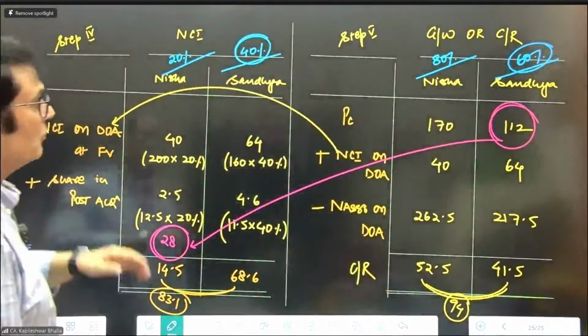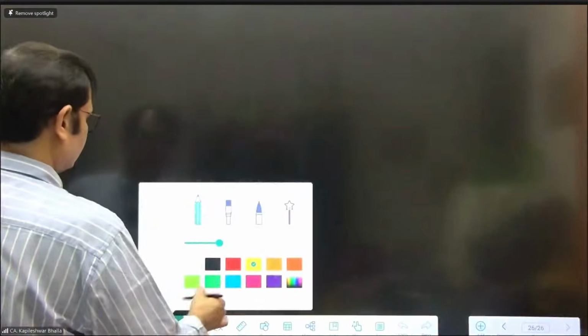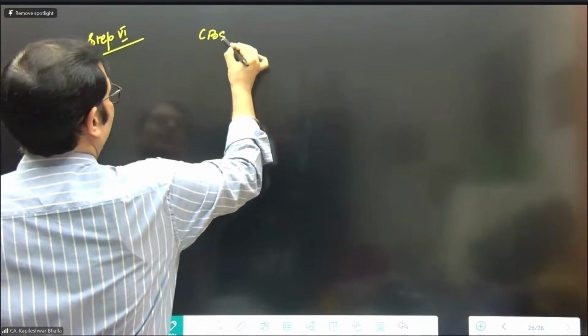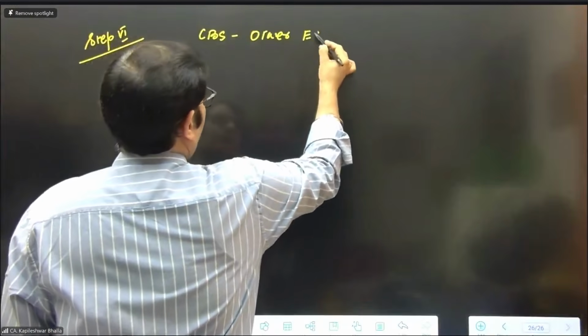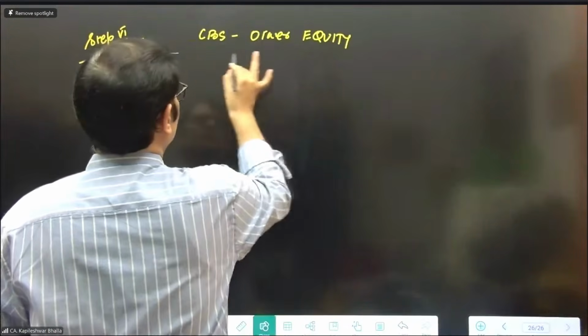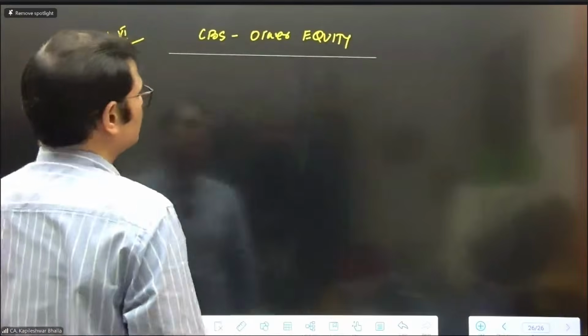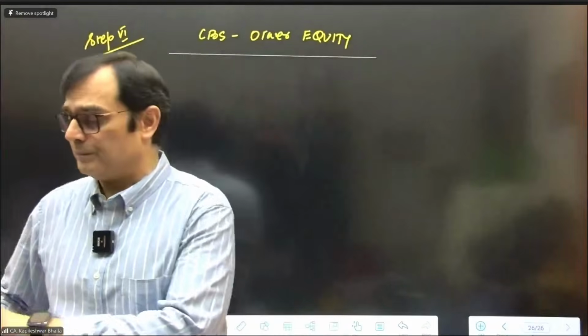Okay, now let's go on to step number 6. And that is making the consolidated balance sheet, that is other equity. Consolidated balance sheet, other equity, which is nothing but making a statement of changes in equity. It's like a consolidated SOCI, what you're preparing.